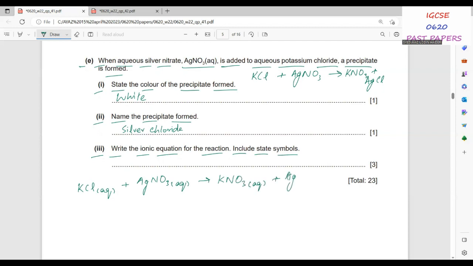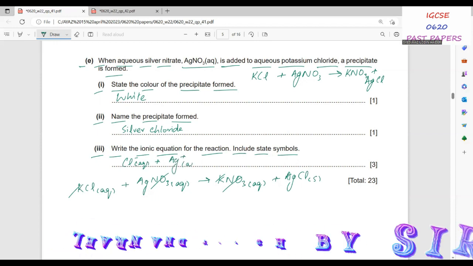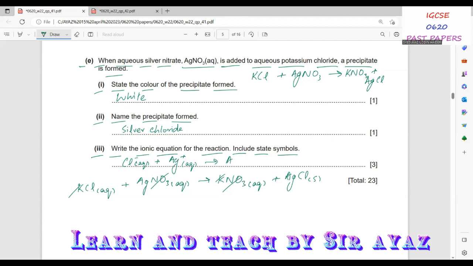And silver chloride is a white precipitate, so we'll write s for this silver chloride. Cancel out the common ions on both sides. K ions are common, nitrate is also common, so we are left with Cl negative aqueous plus Ag plus aqueous gives AgCl solid.